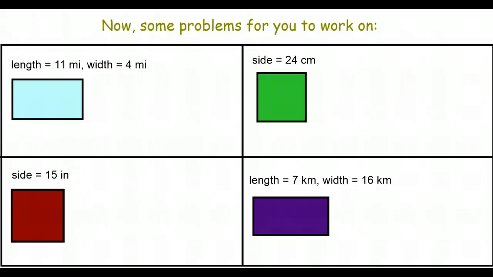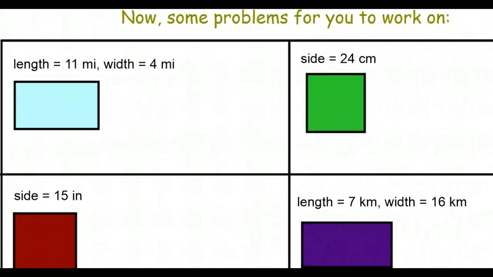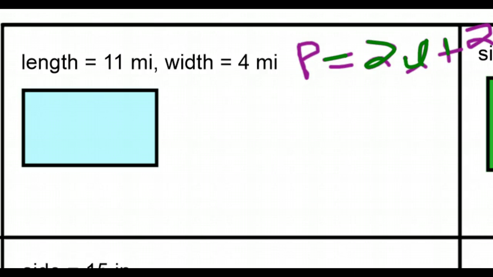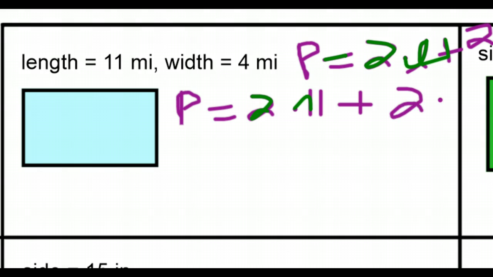So let's look at the rectangle in the upper left-hand corner, which we'll call problem 1. The perimeter, again, I'll write these up here. The perimeter is 2 times the length plus 2 times the width. So in this case, the perimeter is 2 times 11 plus 2 times 4. 2 times 11 is 22. 2 times 4 is 8.